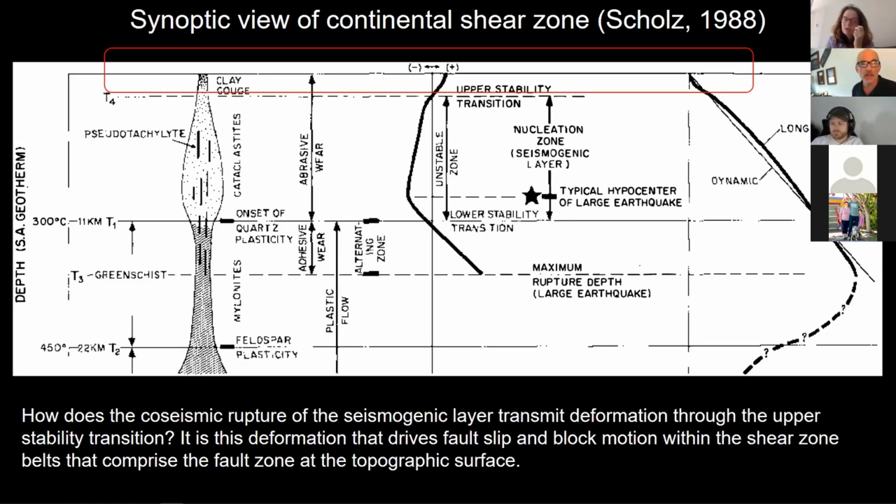As you can see, this left column sketch shows the behavior of the materials, where we have brittle behavior in this upper zone down to about 11 kilometers or so, and pseudotachylites, like frictionally generated melts. But below that, we get the onset of quartz plasticity. That's the key to why it's 300 degrees C. Below that, we start to get more ductile behavior.